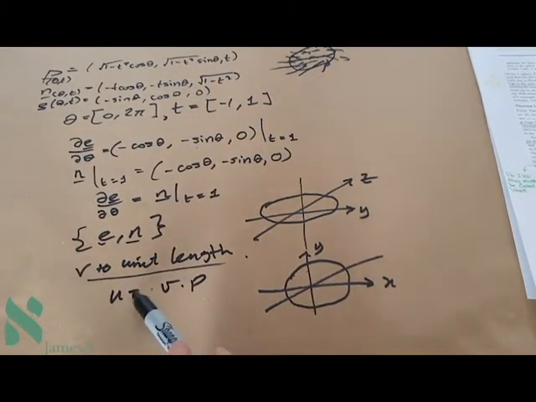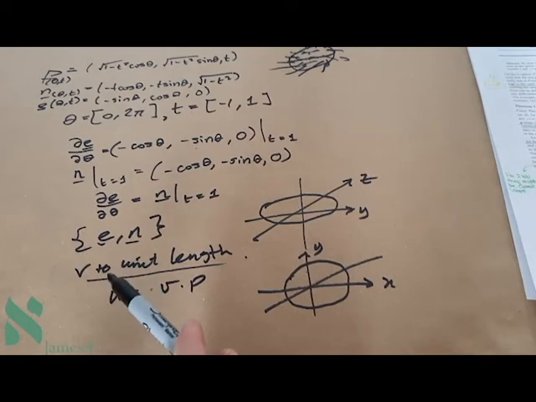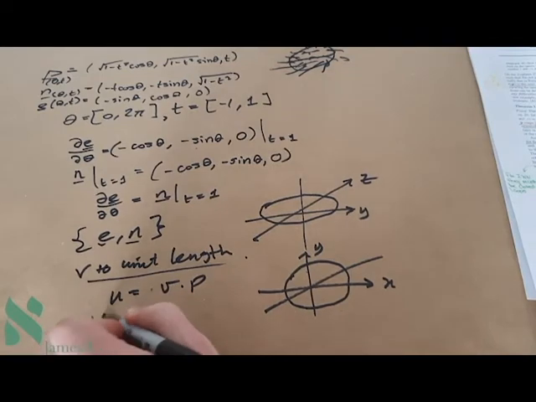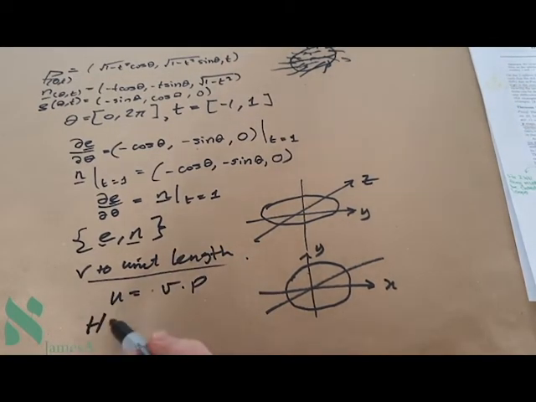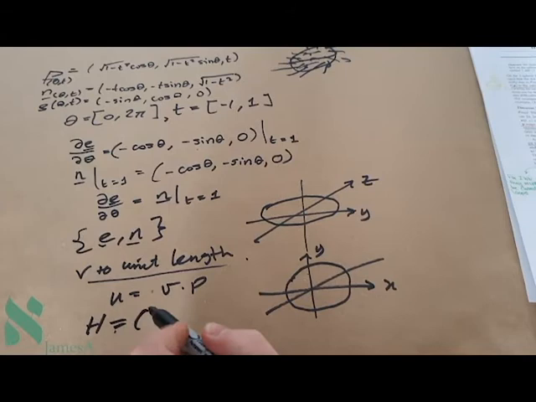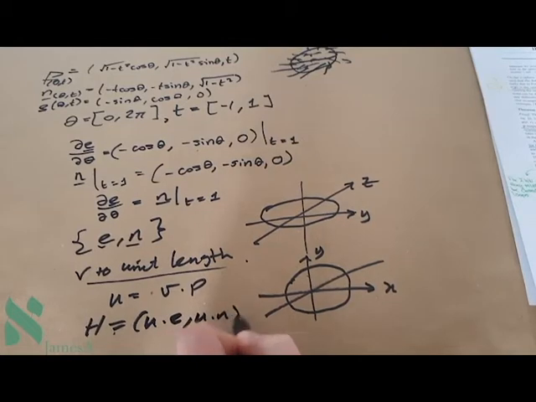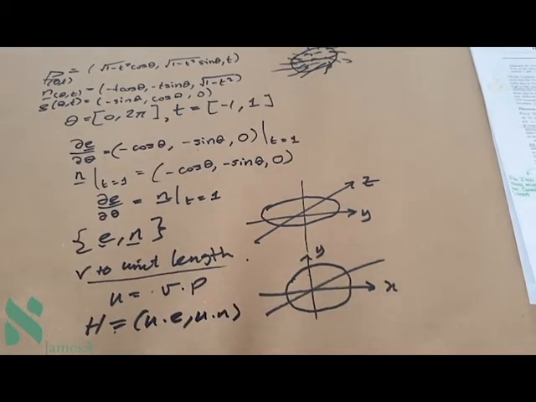I'm going to call that u, and from this u we shall create a new mapping. This mapping is called h, and it's going to be in two space. So h will be (u dot E, u dot N). That's our new mapping. Nothing complicated, just the two dot products or inner products.